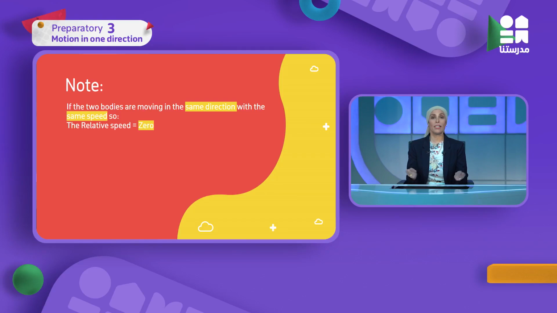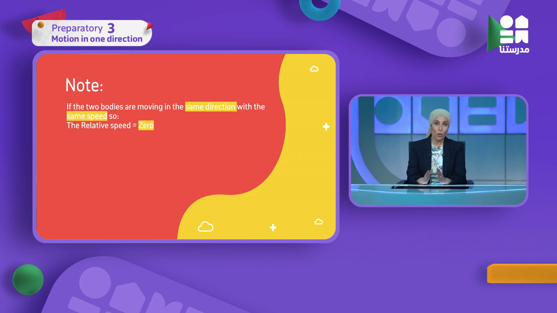Each one of us can see both of us at rest. We are driving, but we will see each other standing still. Why? I said before that if the two cars are moving in the same direction, we subtract. We are moving with the same speed, so subtracting the same speed, the result is 0.